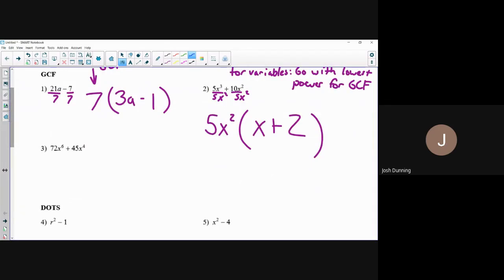Now, if you're not good with your times tables, you have a calculator on your Chromebook or maybe your phone, you can go in and try to divide stuff if you can find it. As a last resort, if you Google GCF of 72 and 45, if you type that into a Google search, it will give you the correct GCF.